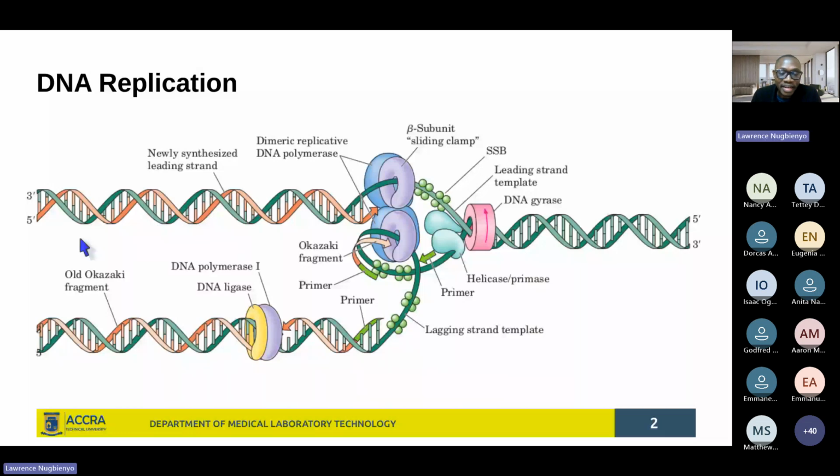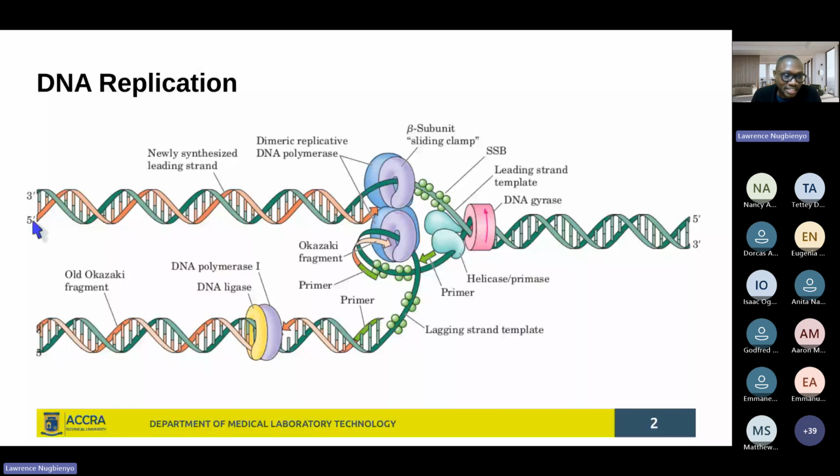Now, one thing which you have to keep in mind is that the synthesis of the nucleic acid strands is always in the direction of the 5' end to the 3' end.